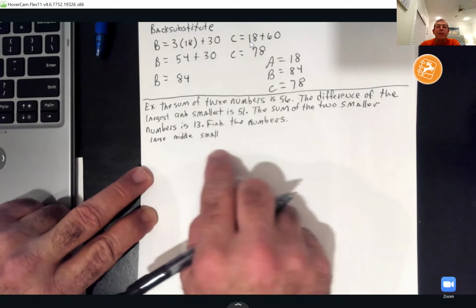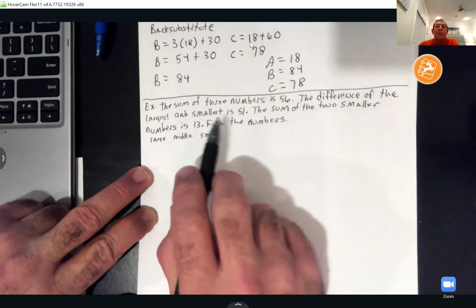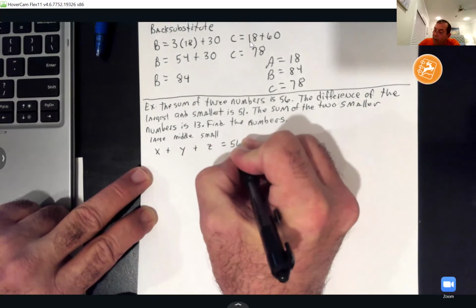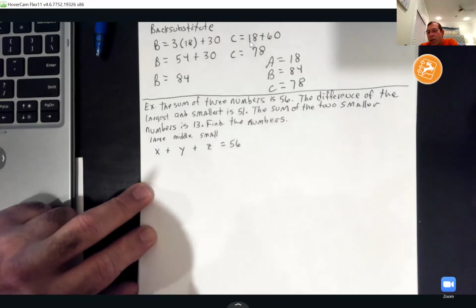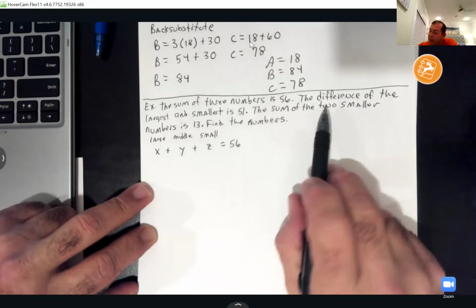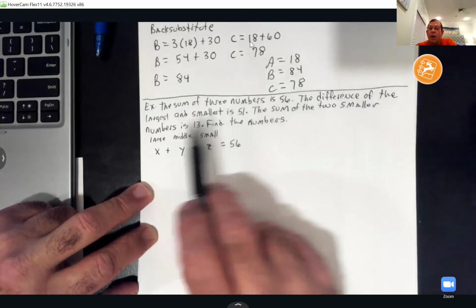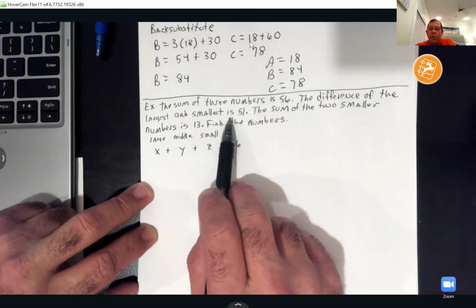Because I want to put these in order when I'm making these sentences up. So y'all, first off, the sum of the 3 numbers, X plus Y plus Z, all equaled 56. But y'all, now they start throwing a little bit of a curveball because this next sentence says the difference of the largest number and the smallest number is 51.